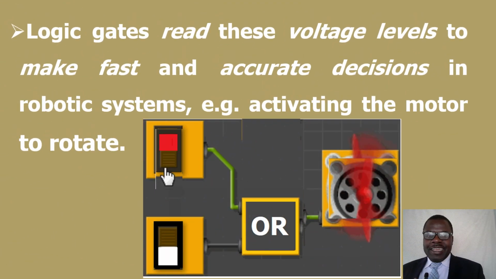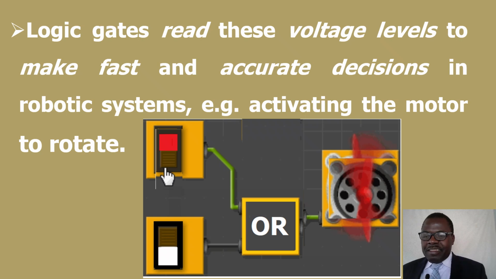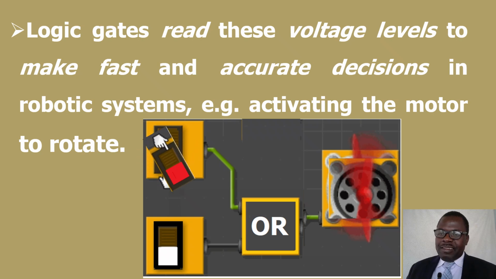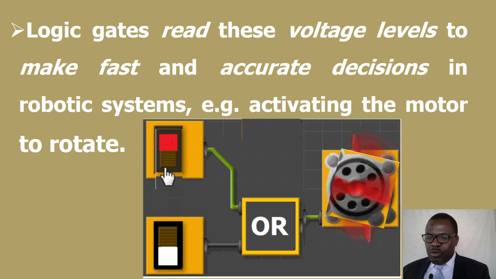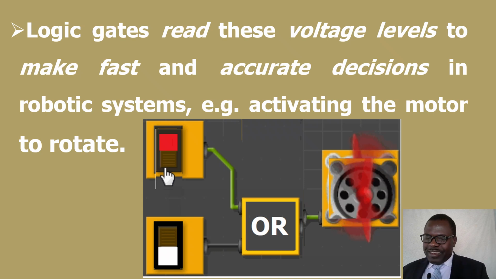Then logic gates read these voltage levels to make fast and accurate decisions in robotic systems, e.g. activating the motor to rotate.